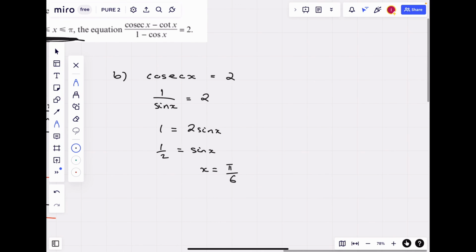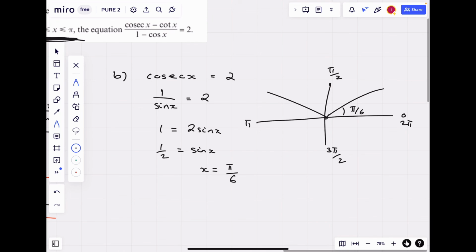which fits our interval. We do the CAST diagram like this. Pi over 6 is going to go somewhere here. And it's sine, so it's going to reflect somewhere there. So this is solution 1.